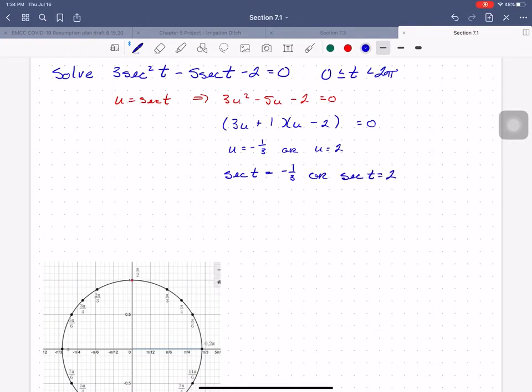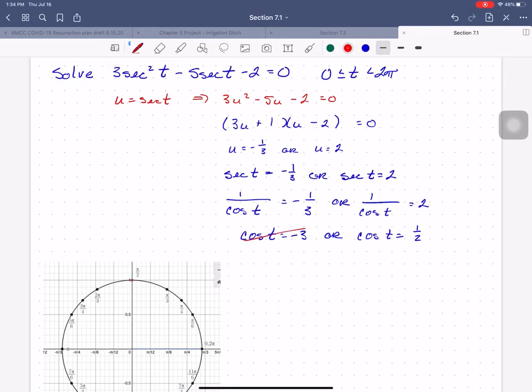Now my brain works better in sines and cosines, so I'm going to turn this into 1 over cosine t equals negative 1/3, or 1 over cosine t equals 2, which means then that cosine t equals negative 3, or cosine t equals 1/2.